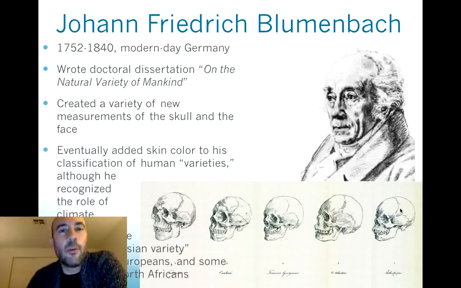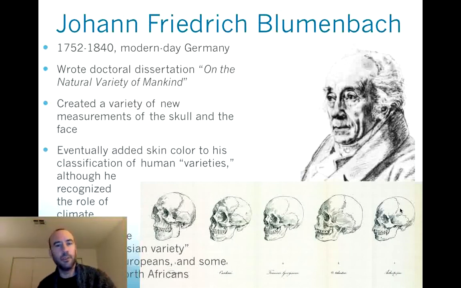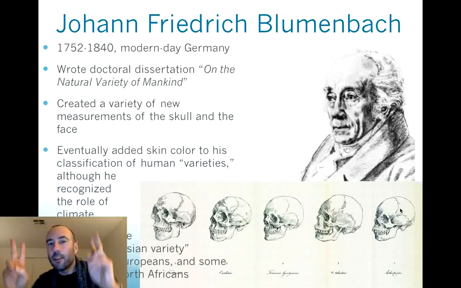His skull that represented the Caucasian variety was actually from a Georgian woman who was taken as a sex slave by Russian soldiers, and sadly died of, I believe, syphilis. So it's a really ugly history, but he takes this skull, and this is the most prized possession in his collection, and he thinks it's beautiful, and that becomes the type that represents Caucasian, right?